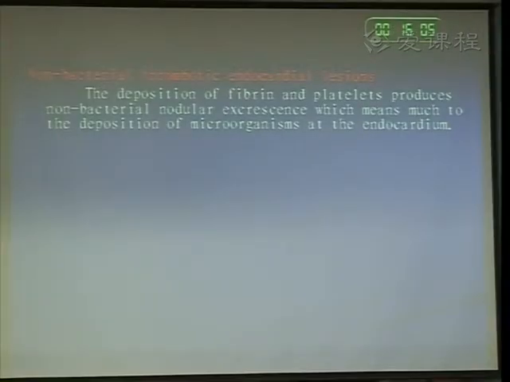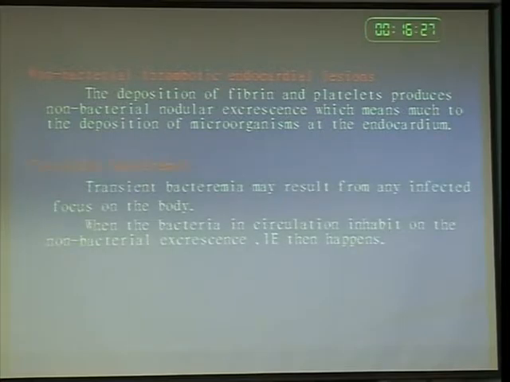The second factor is the nonbacterial thrombotic lesions in the cardiac lesions. The deposition of the fibrin and the platelets produces the nonbacterial thrombotic vegetation, which is conducive to the deposition of the microorganism in the heart.